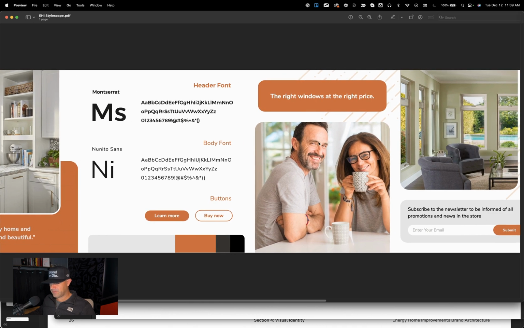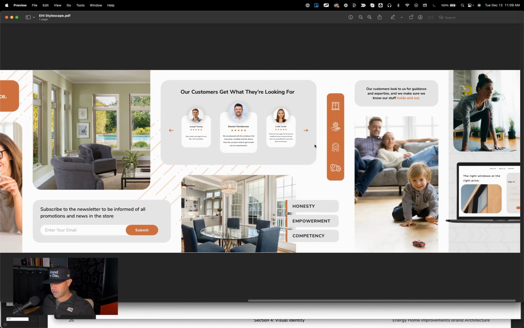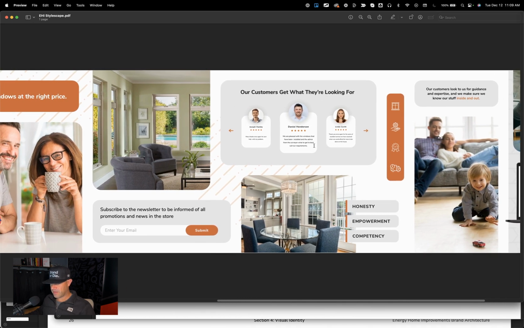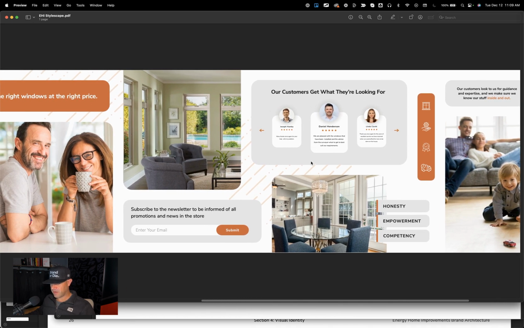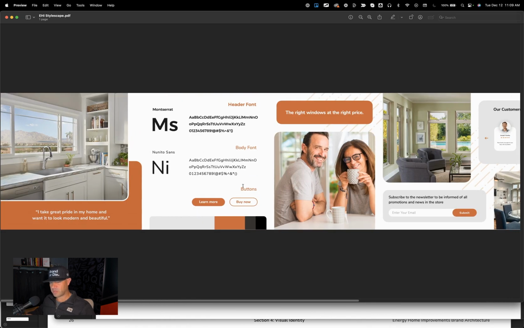And so this Stylescape is just a very simple depiction of the general overall vibe that you should get from Energy Home Improvements. This can very easily be used as a model to create social media posts, websites, print graphics. It gives you an idea of how all these little graphical elements and things look.